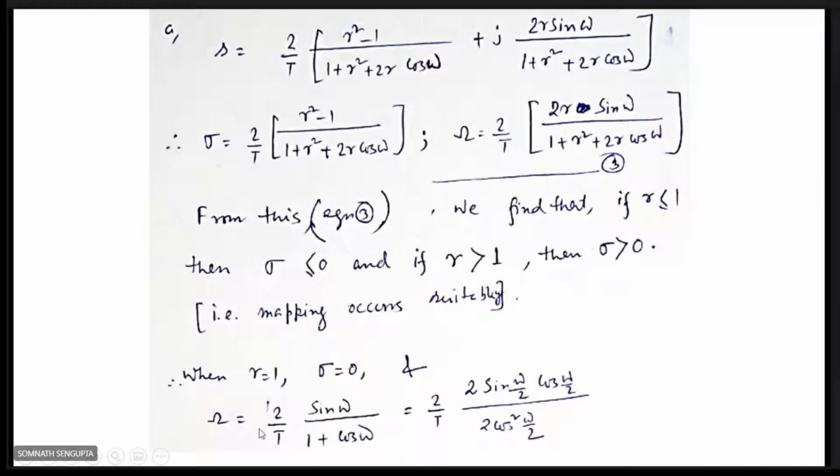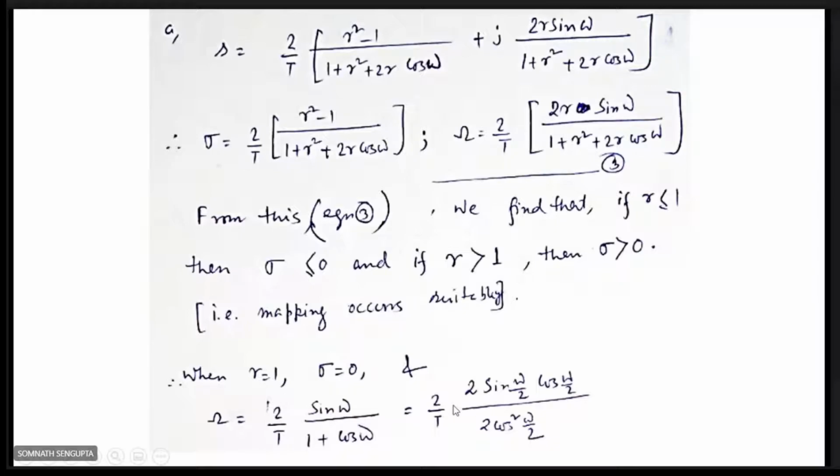So in this equation, omega is equal to 2 by t, and putting r is equal to 1, the term 2 in the numerator and the denominator, that is 2 plus 2r, will cancel out, and it will become sine omega divided by 1 plus cos omega multiplied by 2 by t.